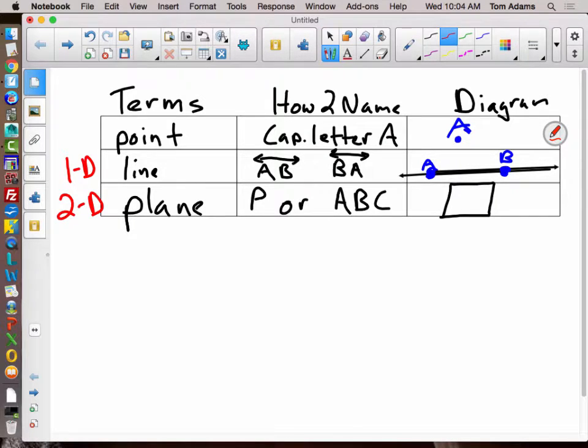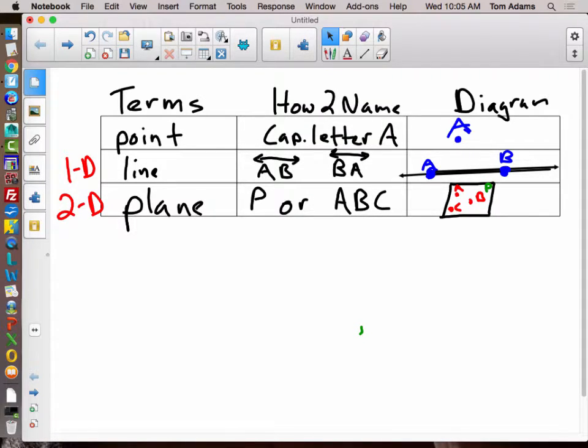And I'm going to have to draw a little small here, but I would have the point A, maybe the point B, and some point C. And then I suppose I could just label the plane as P.